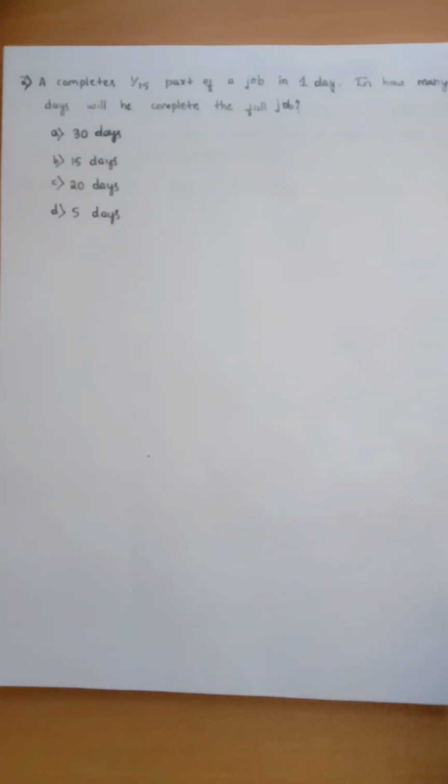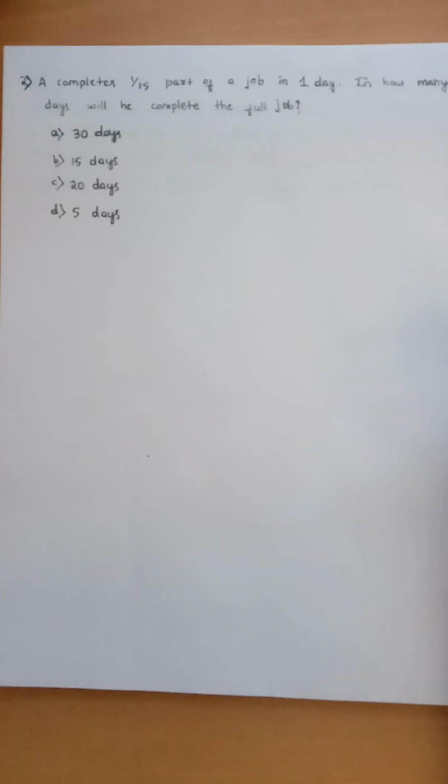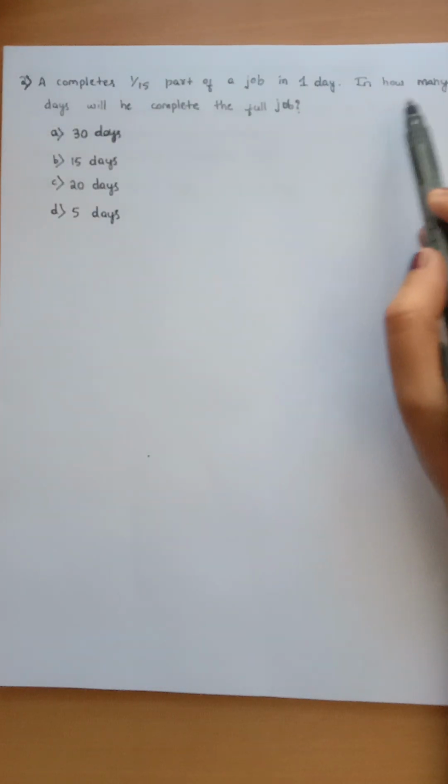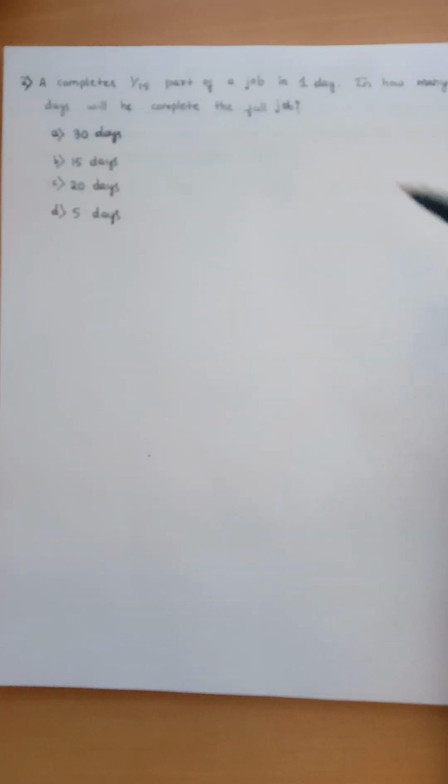And let's start with another one. Here, let's consider, for example, A completes 1 by 15 part of the job in one day. In how many days will he complete the full job? Here, the question is the reverse of the previous question.